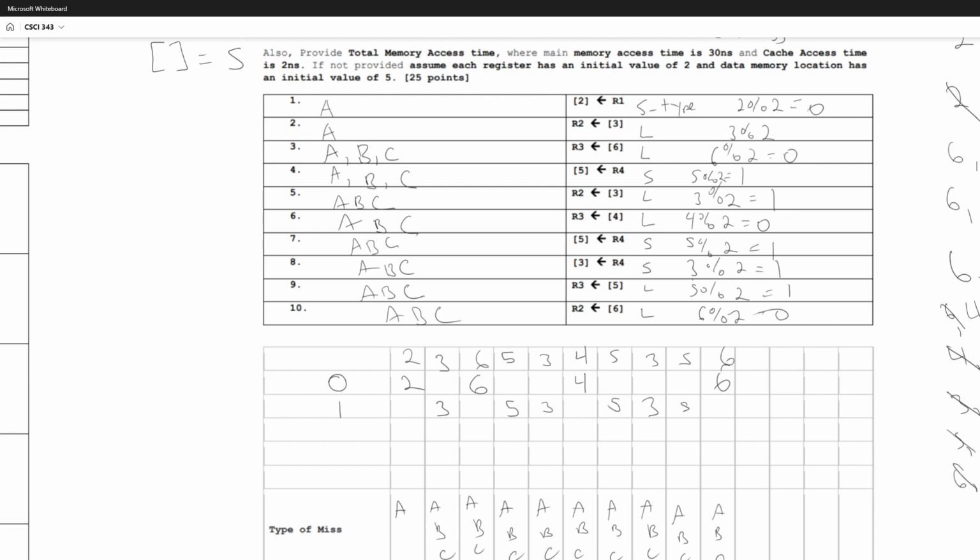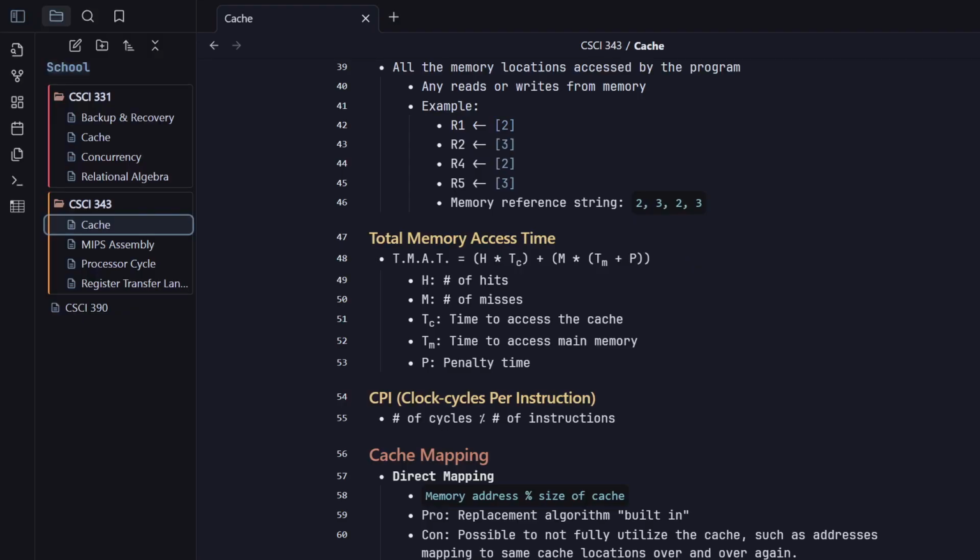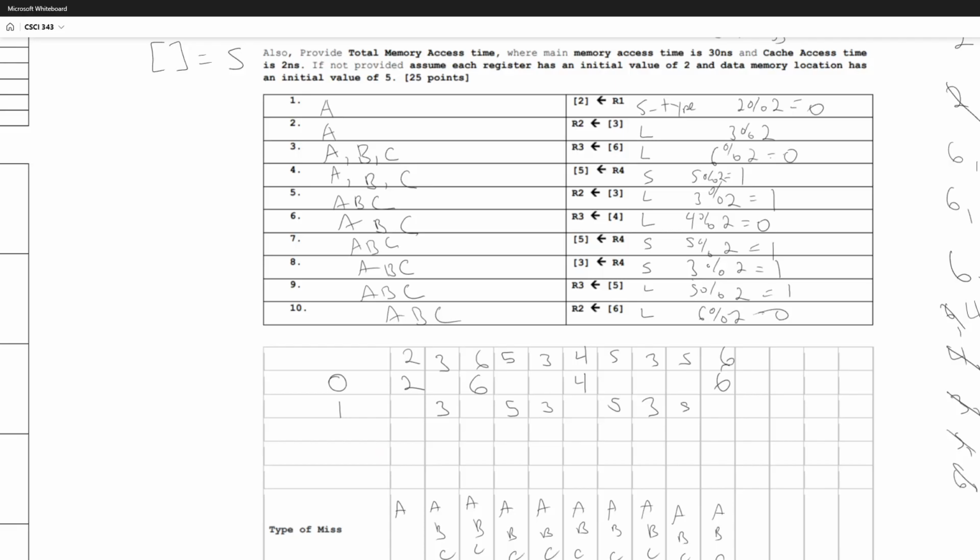Okay, so there were 0 hits. So 0 time for accessing the cache. Cache access time is 2 nanoseconds. Well, it doesn't really matter, but 0 times 2 plus how many misses were there?